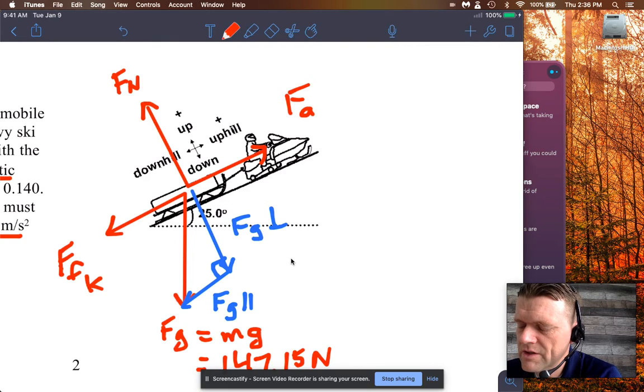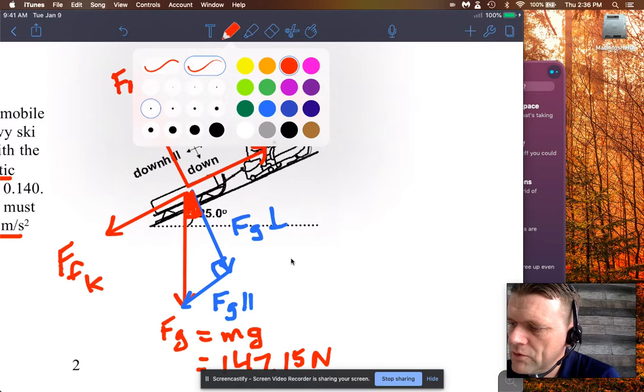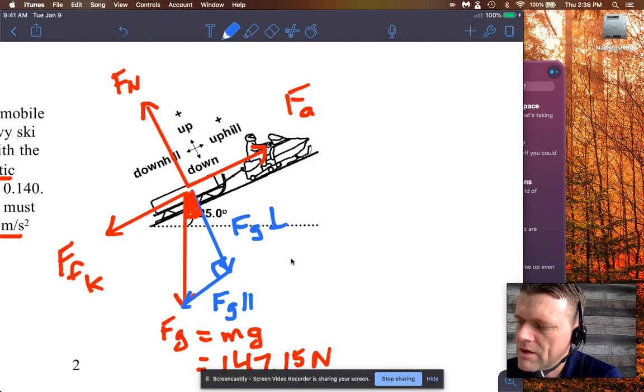Now, because the incline is 25 degrees, then this angle right in here is 25 degrees also. And so I can find the force of gravity perpendicular and the force of gravity parallel by using sine and cosine.